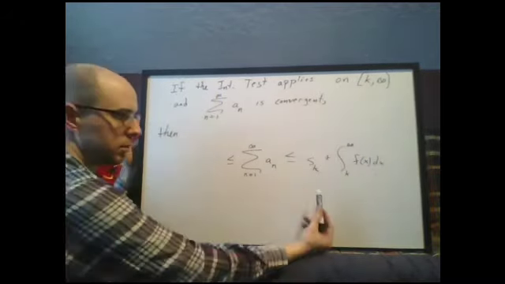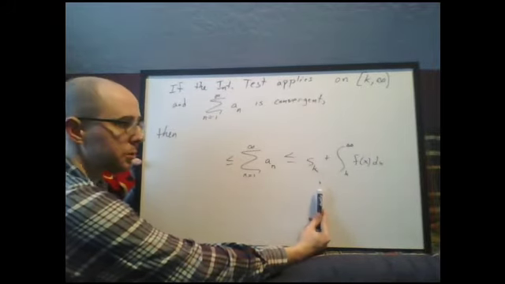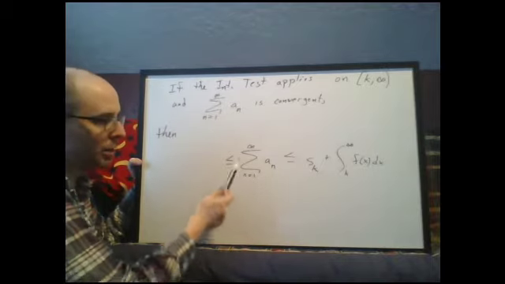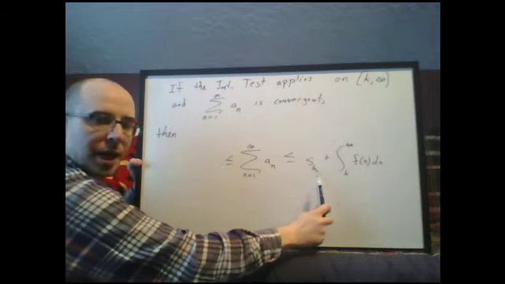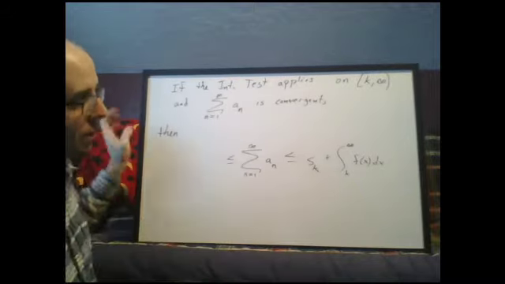So let me just reiterate. Sk, that's the partial sum where I'm adding up these terms from n equals 1 to n equals k. So rather than going on forever, I stop at k. So that's a finite sum there. I can definitely compute that. It's just adding up k numbers.